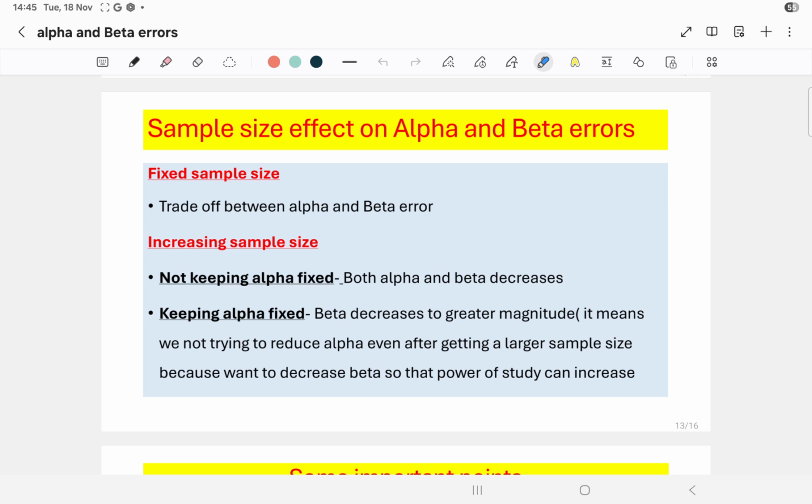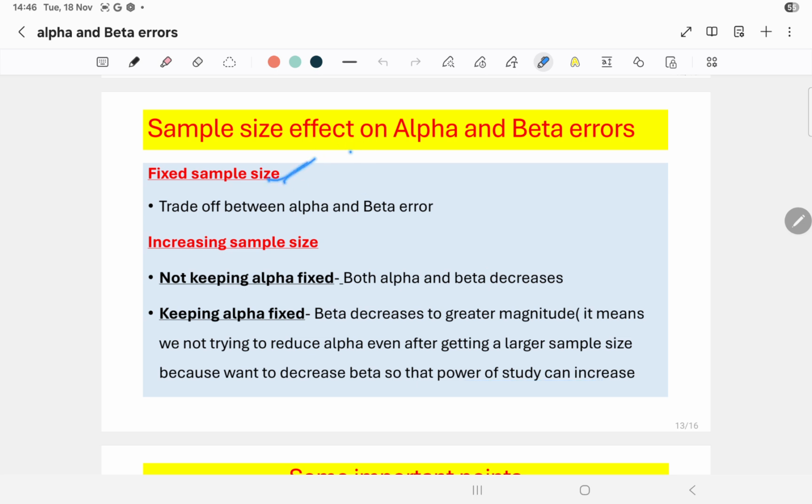So you are keeping the alpha fixed and allowing room for chance, so that beta decreases to a greater magnitude. It means we are not trying to reduce the alpha even after getting a large sample size, because we want to decrease the beta to a greater extent so that the power of the study can increase.